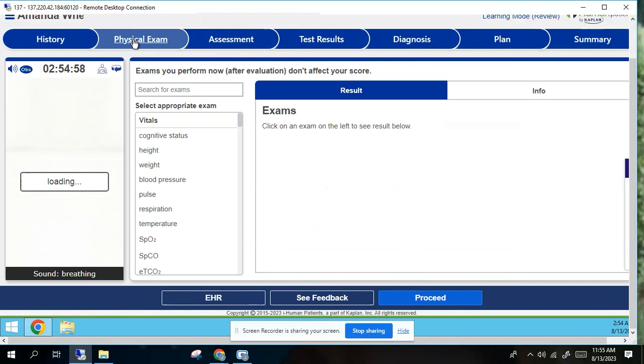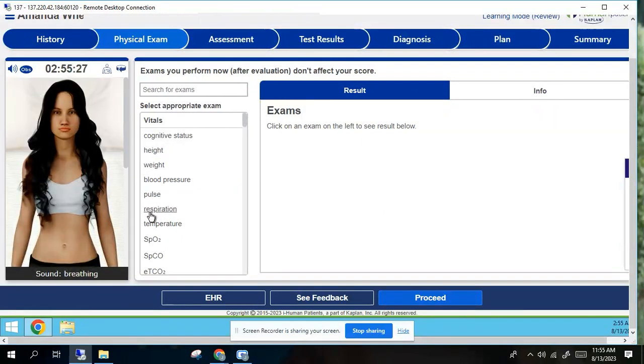Again, under physical exam, you can use this search button to search for the right exams to carry out. Most of these physical exams are very common to nearly all patients. For example, you have to check the cognitive status, height, weight, blood pressure, pulse, respiration, temperature. These are very common to nearly all patients.